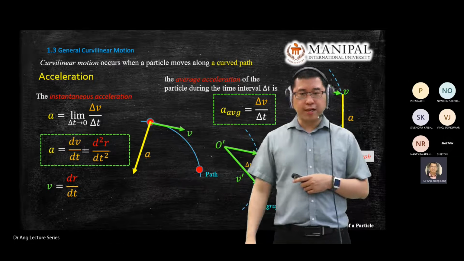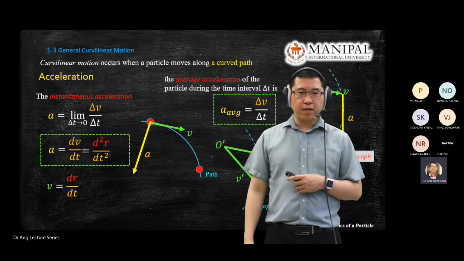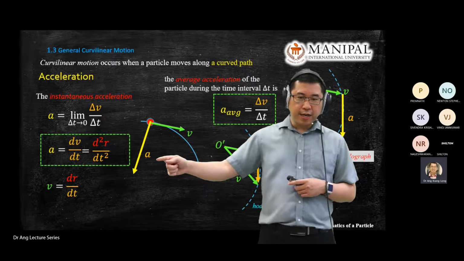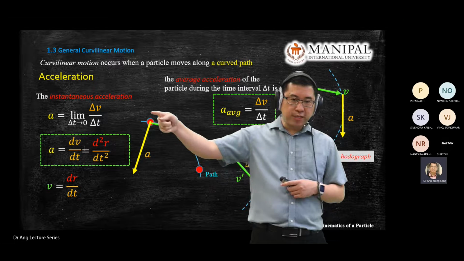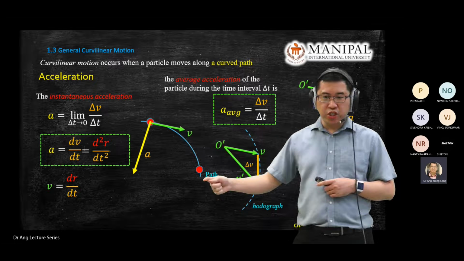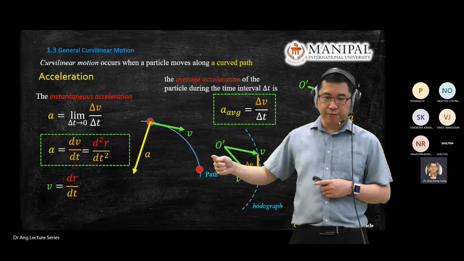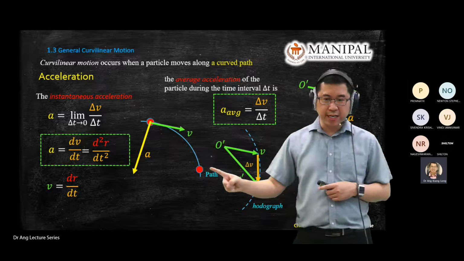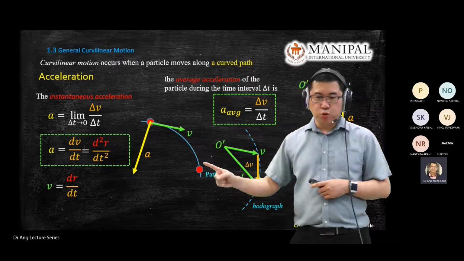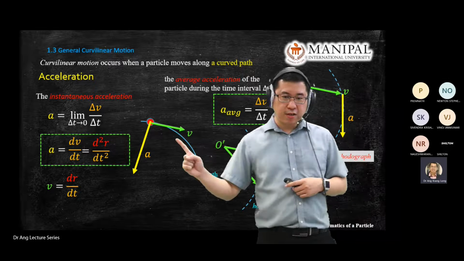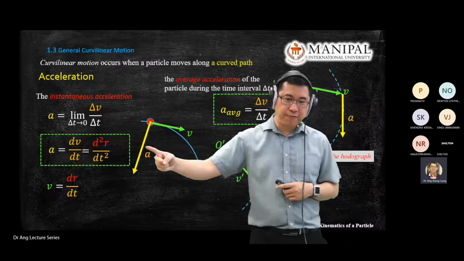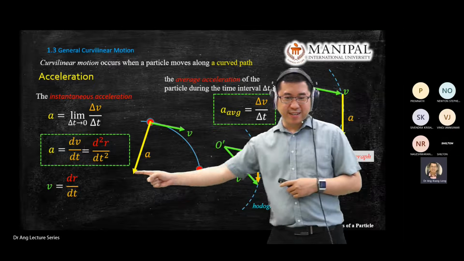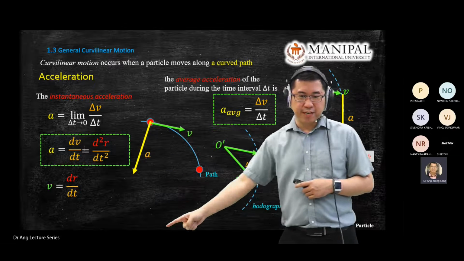Just to help you sketch the direction of acceleration, it always follows the curvature, the concave side of your path. Let's say your curve is like that, right? How do you draw it? Go inside, right?